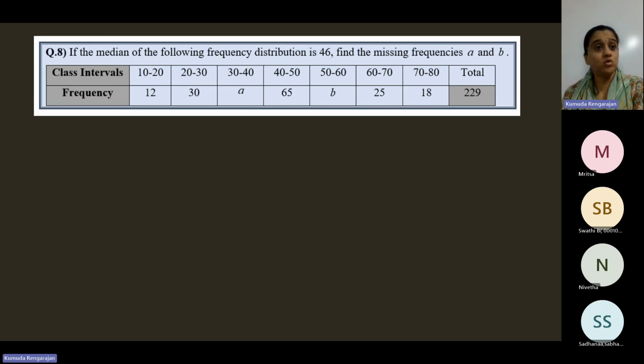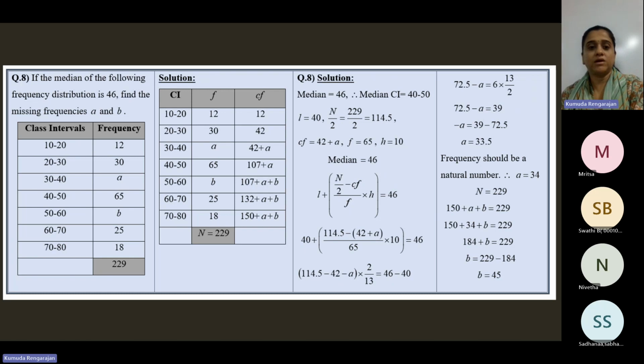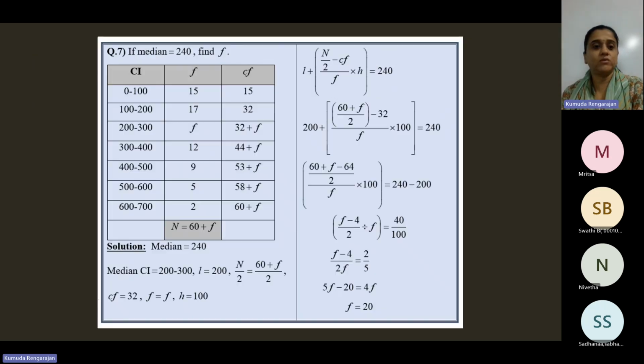So here we have to find two missing frequencies. All right. So you see that when one frequency is missing, the total of the frequency column will not be given to you. Only median value will be given to you. Like in mean, when there's one missing frequency, only mean will be given. Here only median will be given.